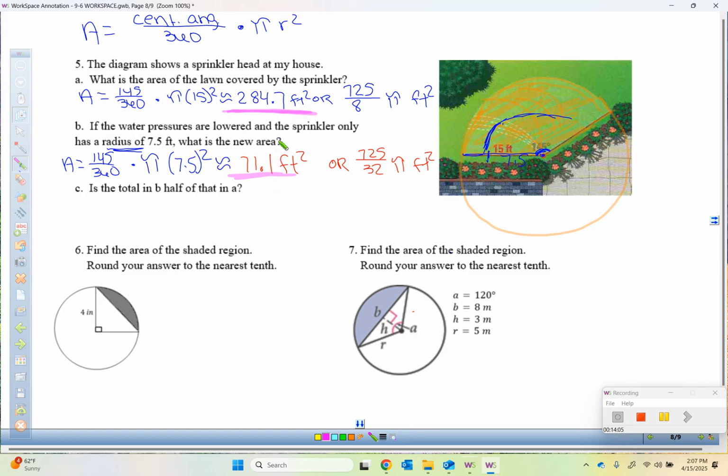How would I know how many times more it is? What if we took this divided by that? So if we took 284.7 and divided it by 71.1, I'll put approximately, what do we get? 4.0 something?